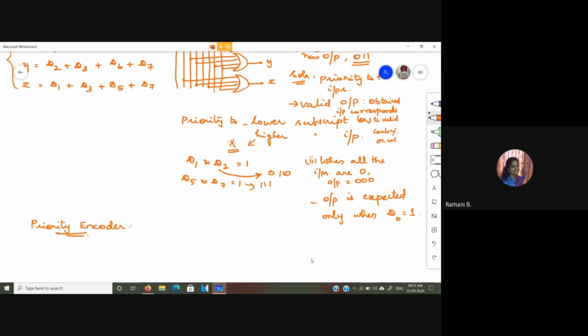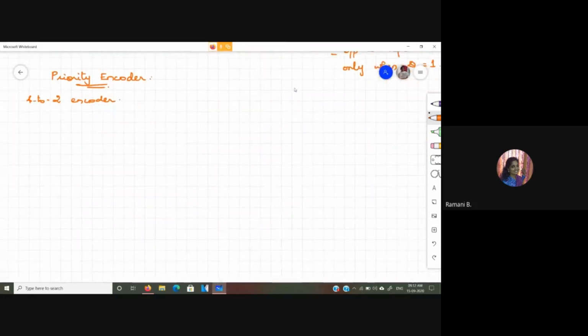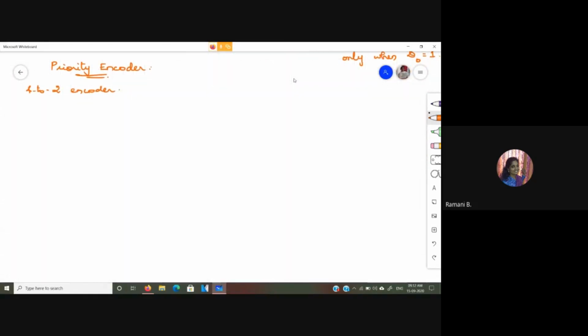So we shall see this priority encoder with a 4-to-2 encoder. So here, let us assume that we give priority to the higher subscript input.